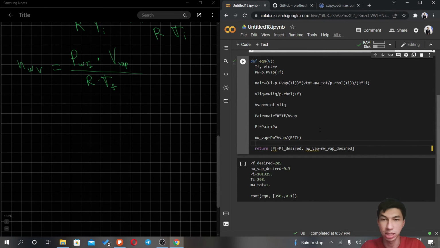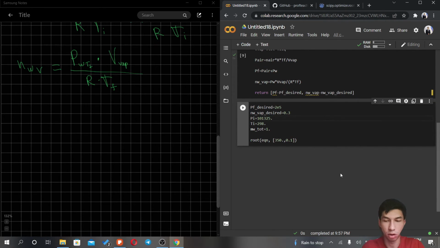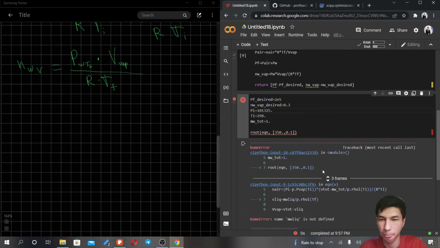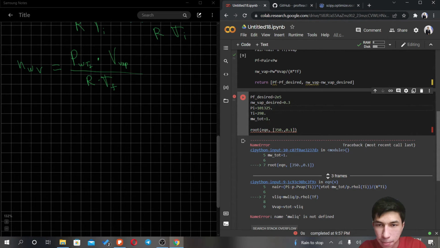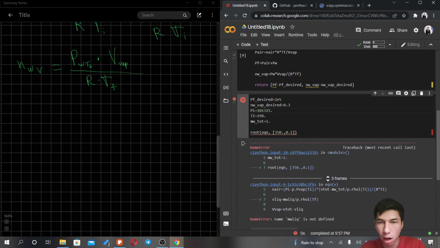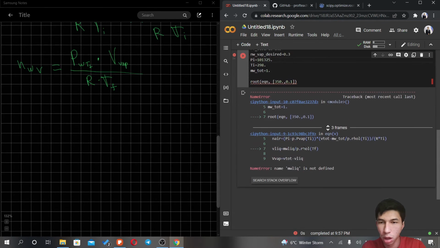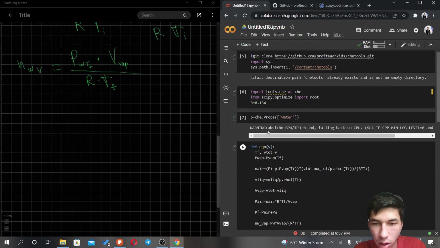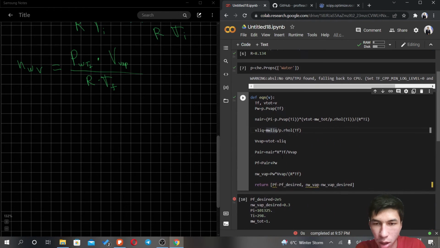So when we run this, and when we try to run our root solver, it says there is an error. The mass of the liquid is not defined, so let me check here.